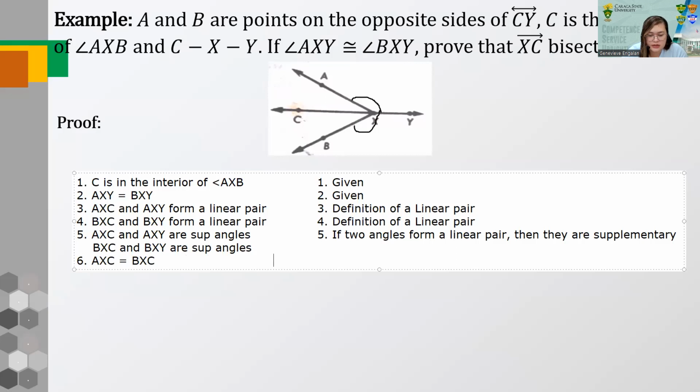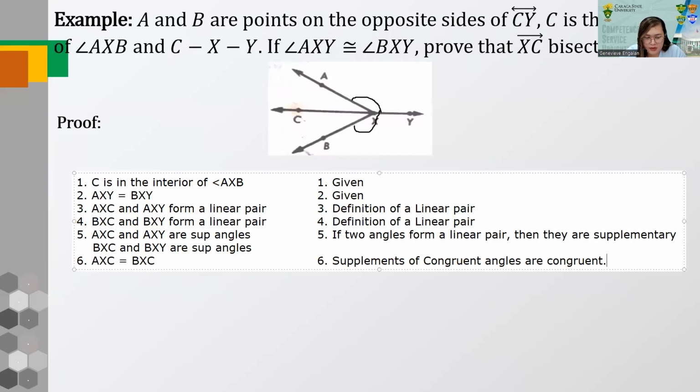So, ang atong reason is supplements of congruent angles are congruent. Okay. So, supplements of congruent angles are congruent.